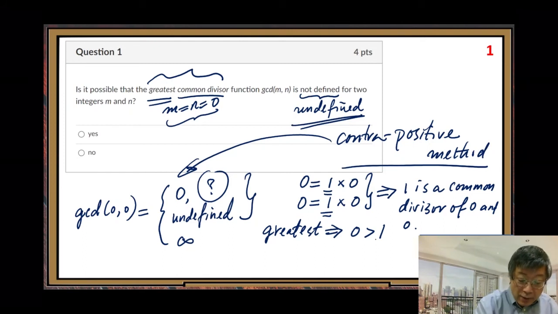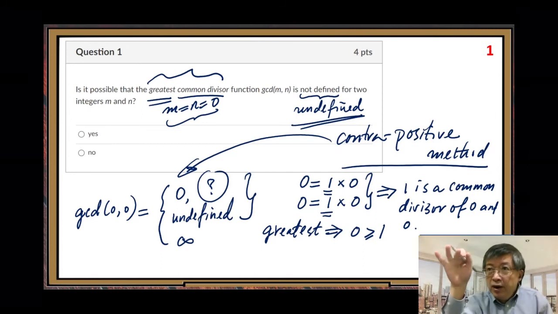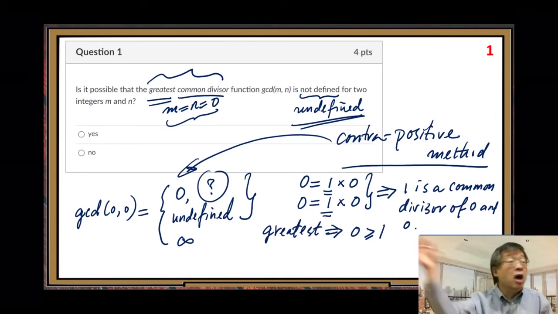The greatest common divisor should be greater than or equal to any common divisor.